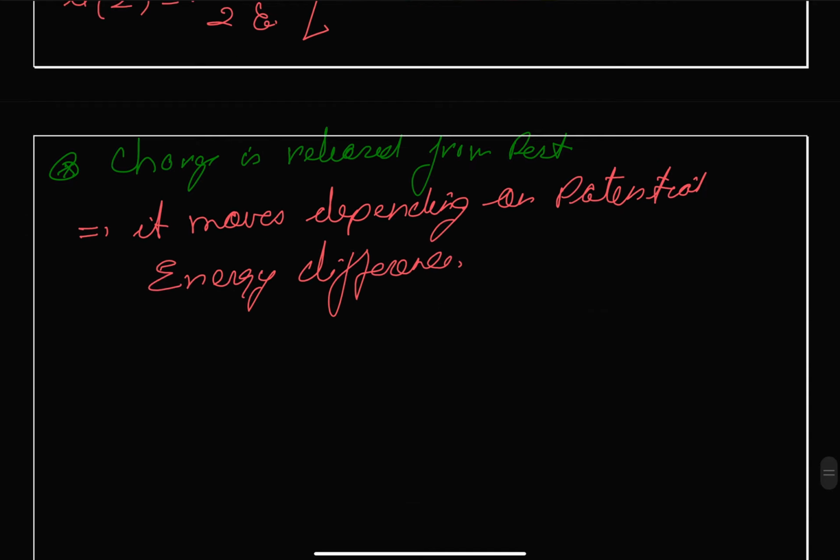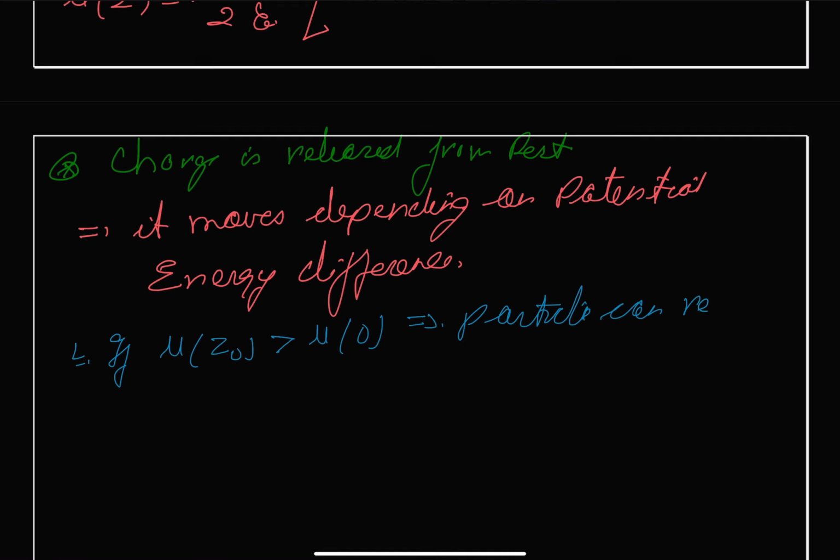Based on this we can say that if the energy at z equal to z naught is greater than the energy at the origin, then the particle can reach the origin.